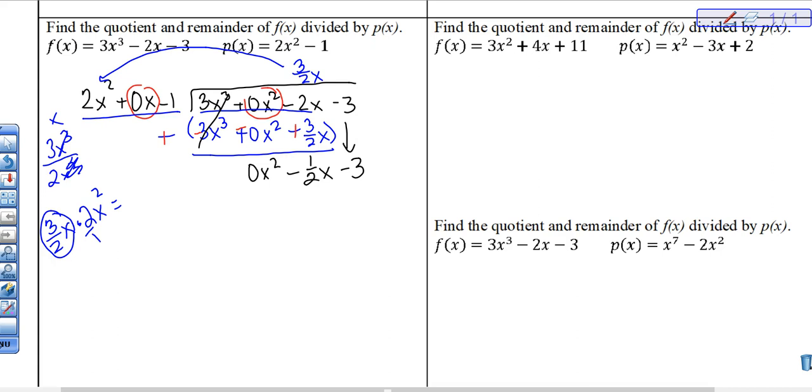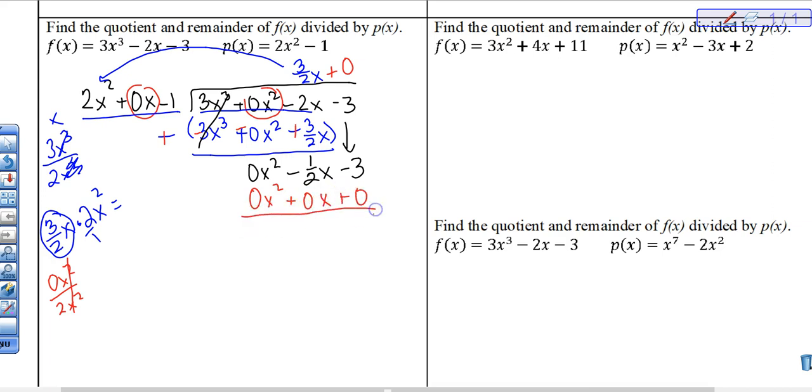Okay. Last step. We're going to go 2x squared goes into 0x squared, or 0x squared divided by 2x squared. What's that? 0. So we'll go plus 0. We've got to hold that spot. We still have to do some math. But when we multiply this whole thing times 0, we get 0x squareds plus 0x's plus 0.